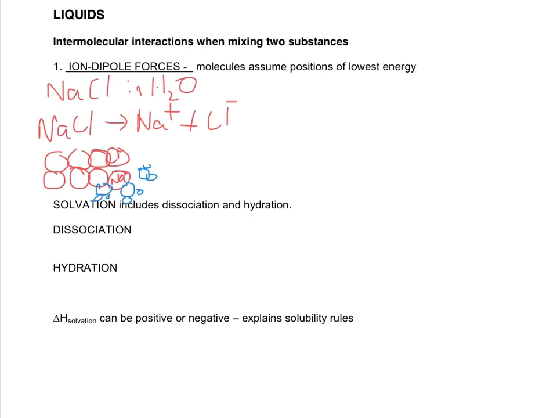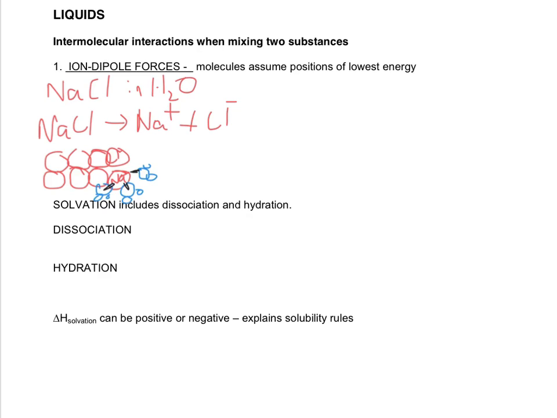that Na plus. And so since there's an attraction right here, if you get enough water molecules, enough oxygens with partial negative charge, they will be able to pull that Na plus away from that crystal lattice.